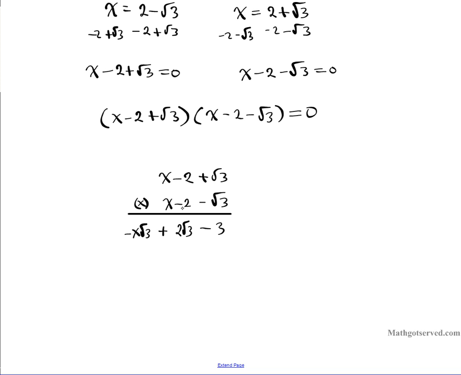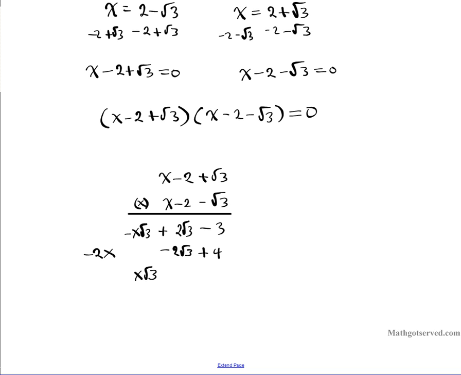All right, now let's do the 2. Negative 2 times root 3 is negative 2 root 3. That's similar to this. And negative 2 times negative 2 is positive 4. There goes the number over here. Negative 2 times x is negative 2x. Let me put that way over here. And then x times root 3 is x root 3. That matches with this.